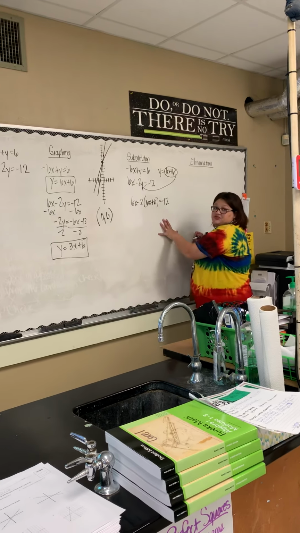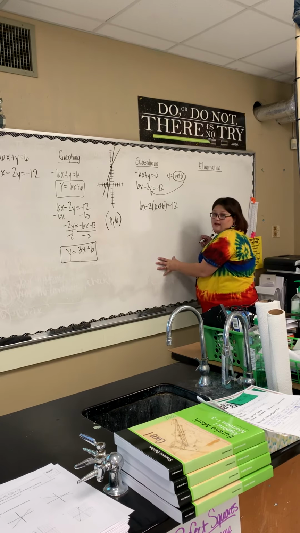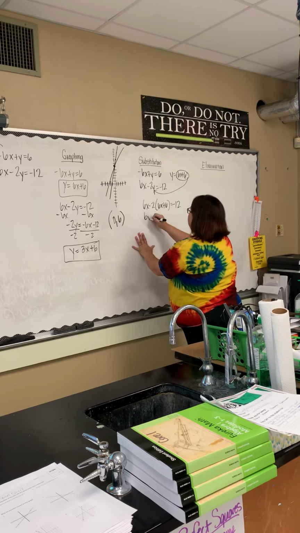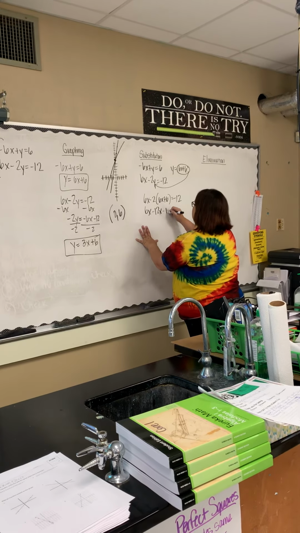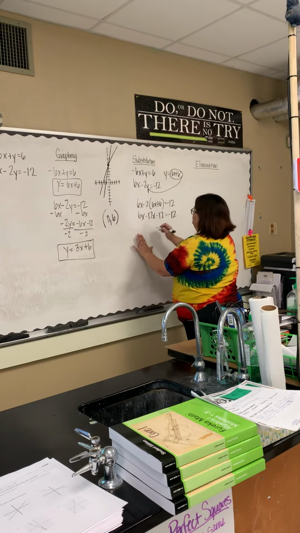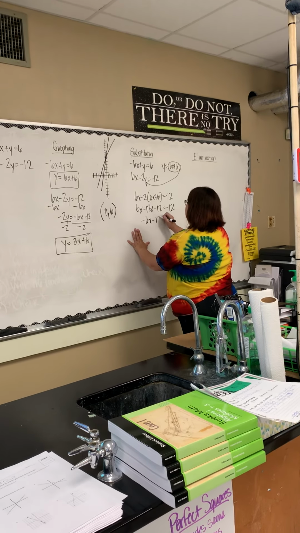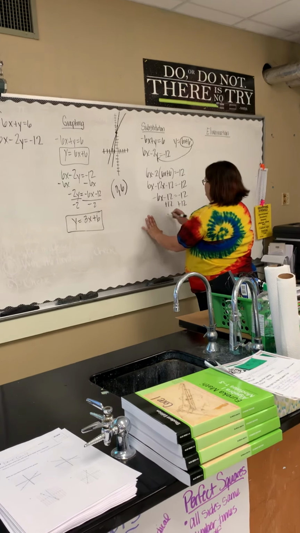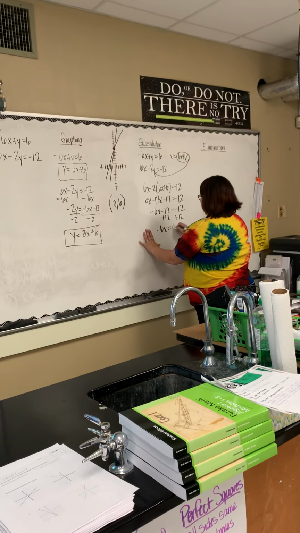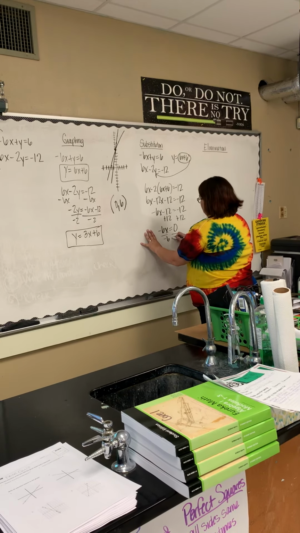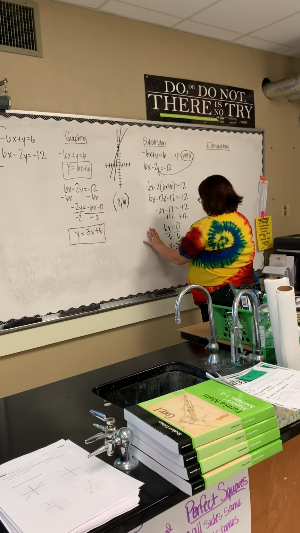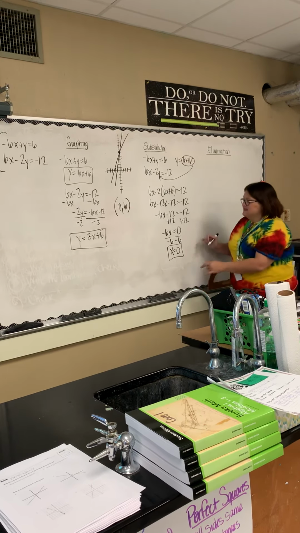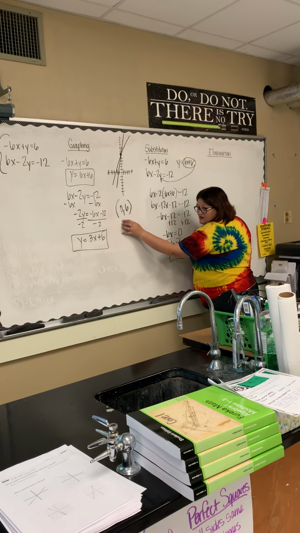Now, at that point, I'm just going to solve. So I'm going to go in quick and I'm going to solve it, okay? Box it in. Does this match that?